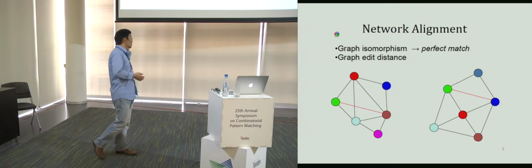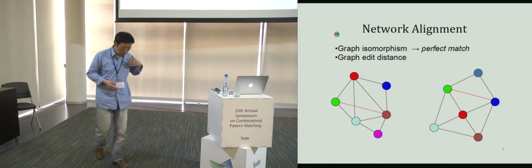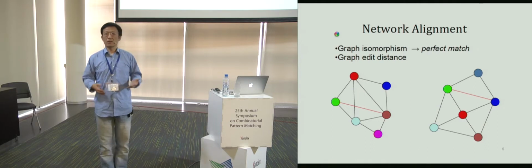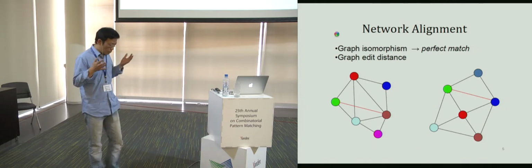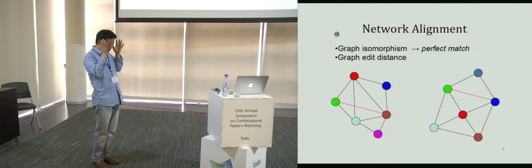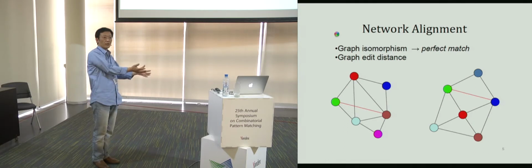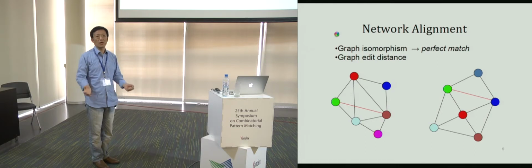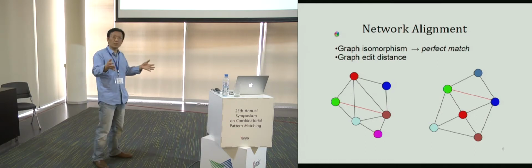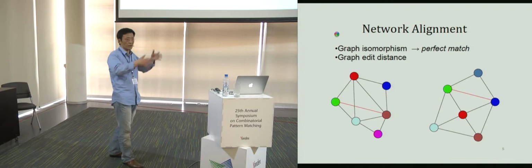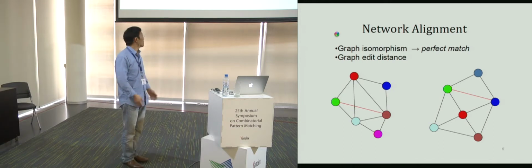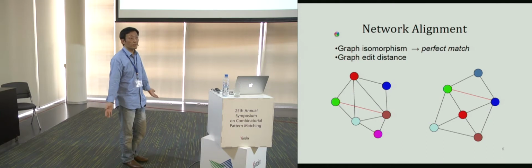Even for special graph classes like trees and forests, it's known to be NP-complete if we are given a tree and a forest, where the forest is even a collection of stars, and we are asked to add edges to connect the stars to the given tree. Even that problem is NP-hard. This is quite a simple problem, right? We have only stars and a simple tree. But even in that case, we don't have an efficient algorithm.